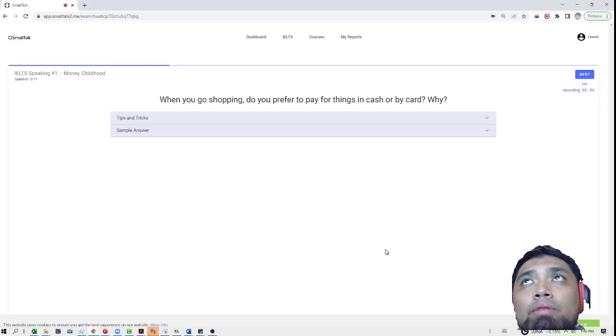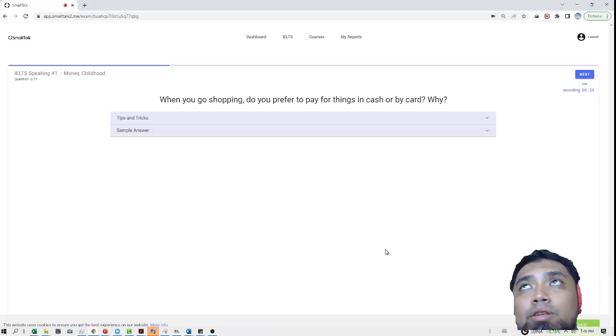For me, I would like to say that I prefer cash, because when I use cash, I will be able to control the things that I buy, because I will be able to calculate or evaluate my wallet, because I can see it physically.